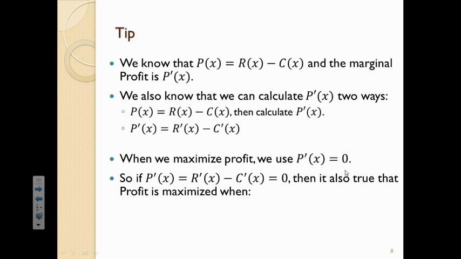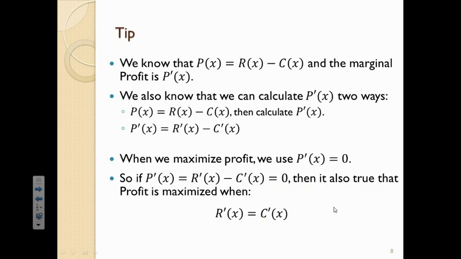But if p prime equals r prime minus c prime, and that equals 0, well, if we look just at this part and ignore the p prime, say that the marginal revenue minus marginal cost equals 0, then it's going to also be true that your profit will be maximized when r prime equals c prime. After all, if r prime minus c prime equals 0, you can add c prime to both sides, and we get r prime equals c prime.